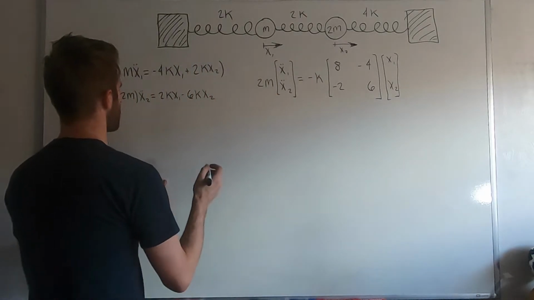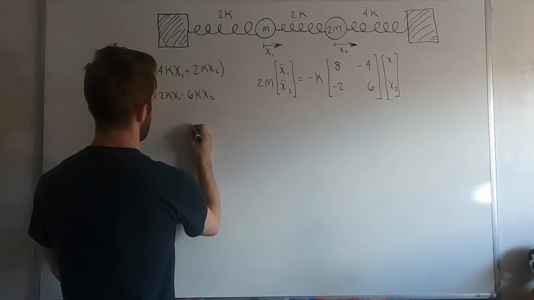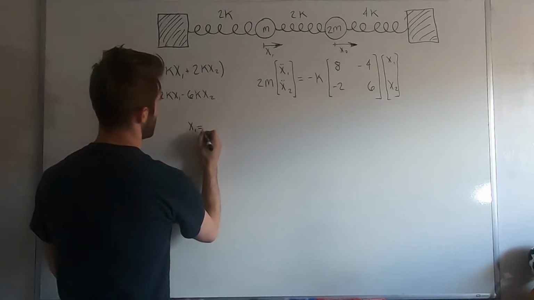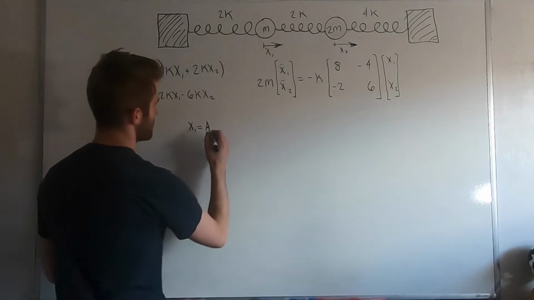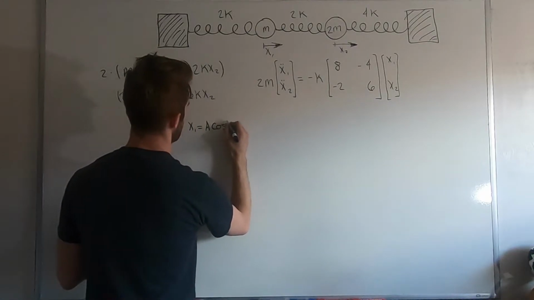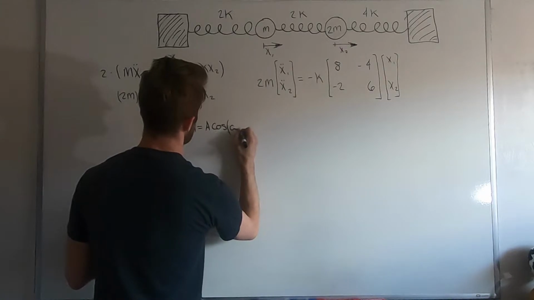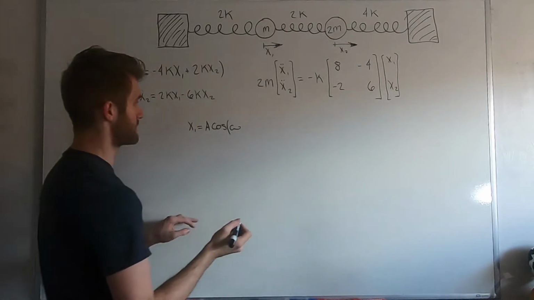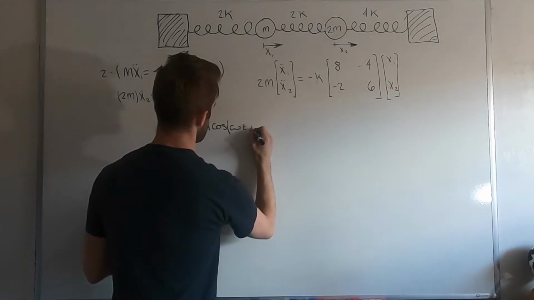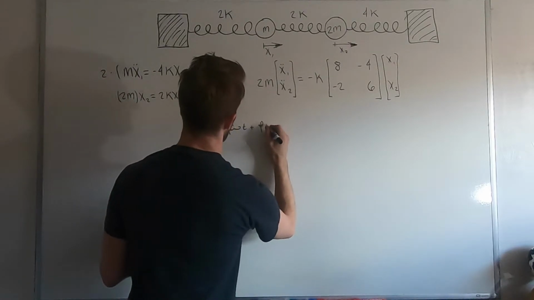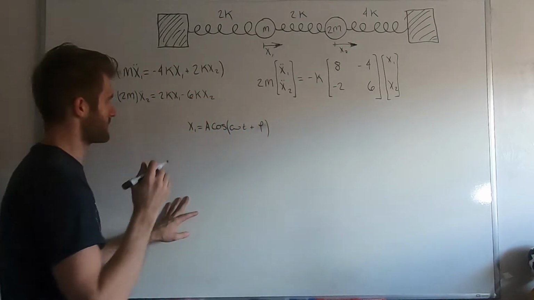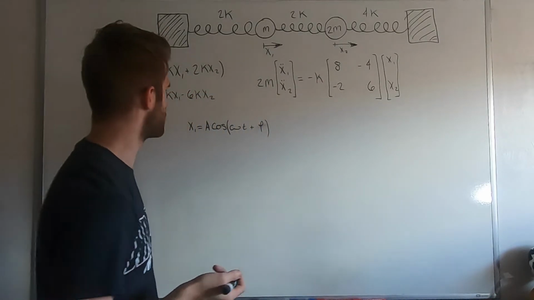So if we were to do that, say we have x1 is equal to some amplitude times cosine of omega t, which is just the angular frequency, times t, plus some phase.